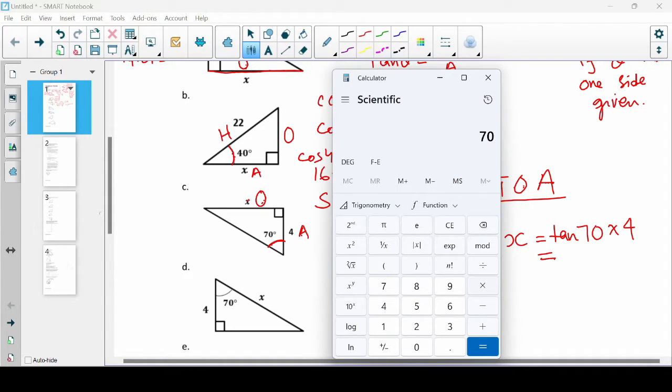We type 70, the trigonometric function is tangent, and this gives the value times 4, not 40, just 4. So this gives us 10.98. So this gives us 10.99, right? Or we can write it as 11.